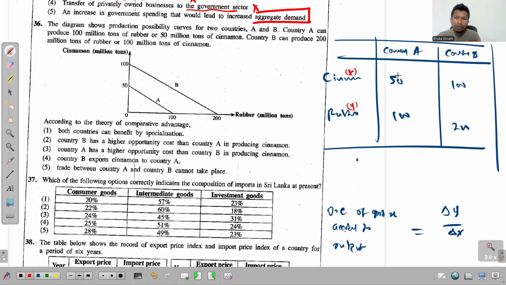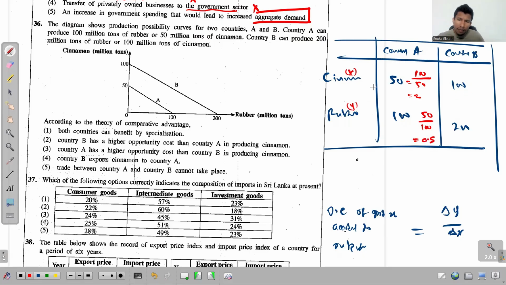what's the opportunity cost of producing cinnamon, or this good X? So that is delta Y over delta X. So in country A, delta Y is 100, delta X is 50. So the answer is 2. And in country A, the opportunity cost of producing rubber, so opportunity cost of Y, that is delta X over delta Y. So the answer is 0.5.